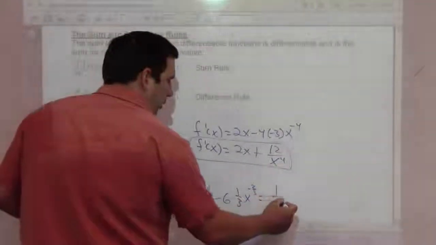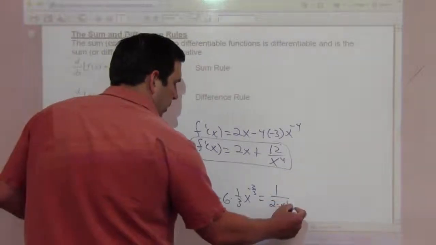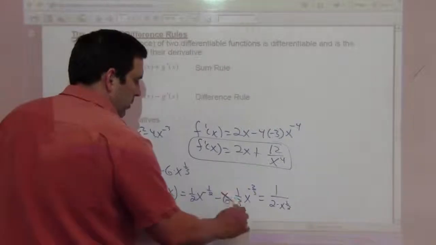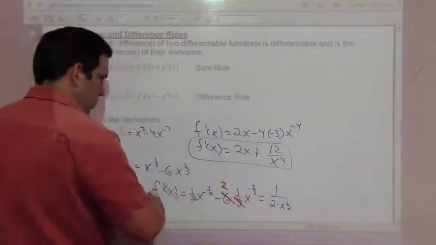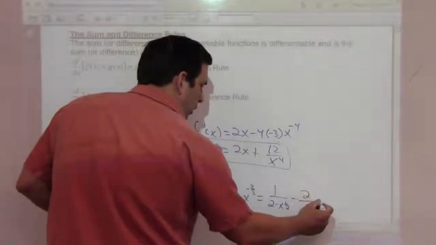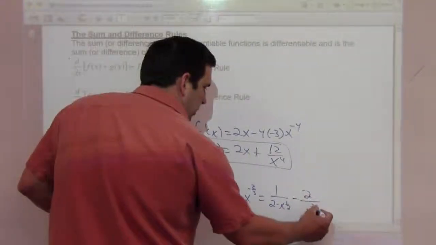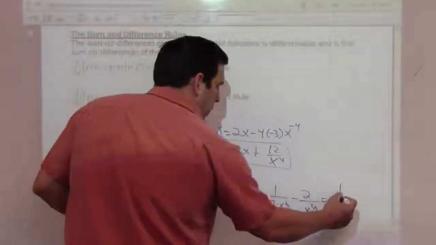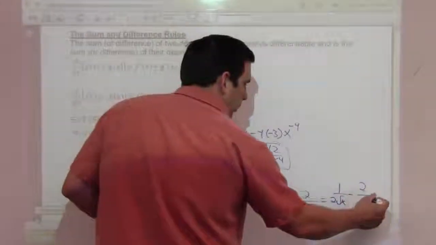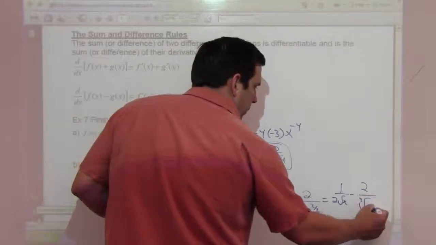This is going to be 1 over 2 times x to the 1/2. The 6 and the 3 cancel, leaves a 2. So then minus 2 over x to the 2/3. That's 1 over 2 times the square root of x minus 2 over the cube root of x squared.